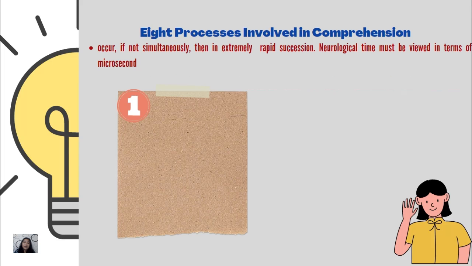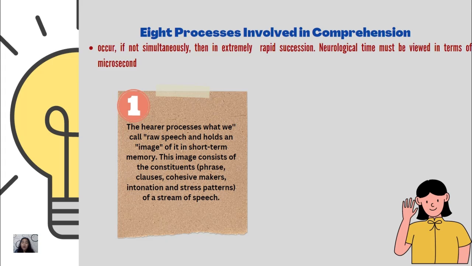For our first process, the hearer processes what we call the raw speech and holds an image of it in short-term memory. This image consists of the constituents, such as the phrase, clause, cohesive markers, intonations, and stress patterns of a stream of speech.